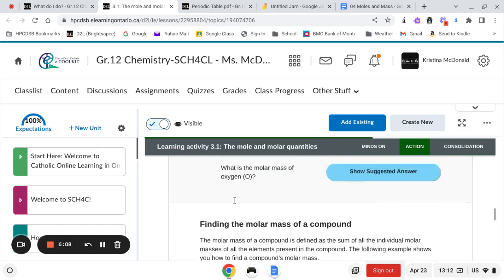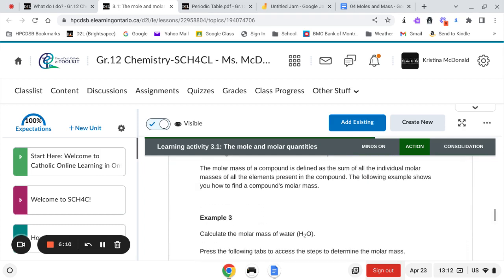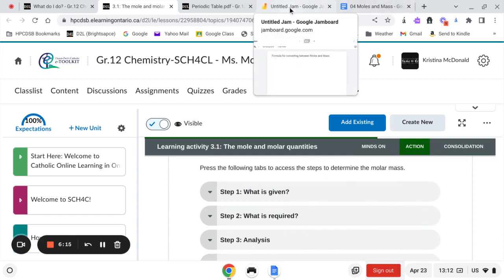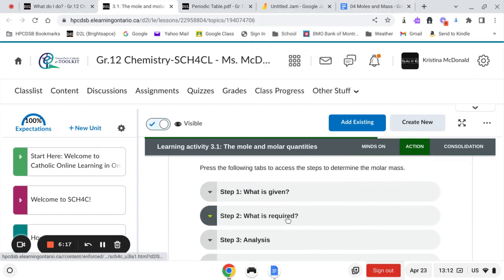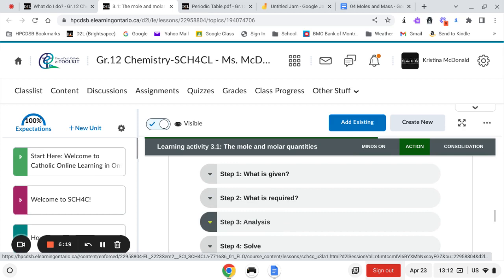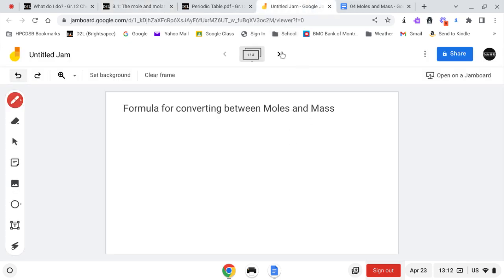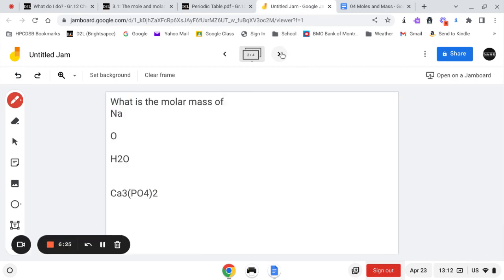Okay, so these examples I'm going to take you through in your summary note, but I'm also going to do this here on a Jamboard with you. Okay, so we're going to just click over here and we're going to answer this question. So what is the molar mass of sodium? Well, this is a very simple question.